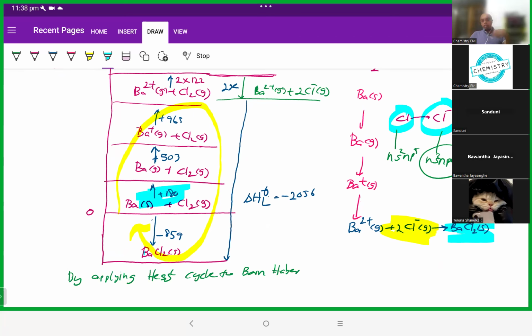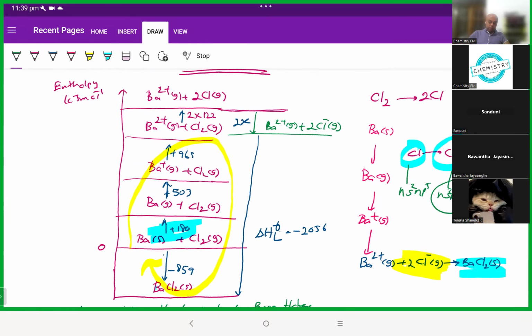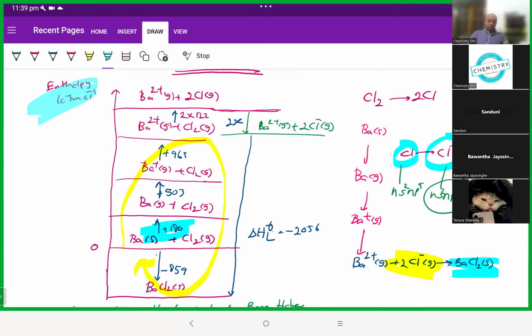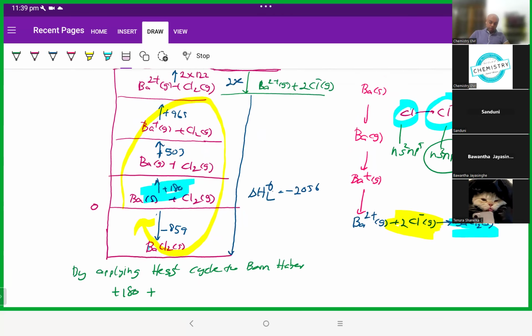The arrow is in the same direction that we are moving, right? So it should be plus 180 kilojoules per mole. I have mentioned the units in the graph itself, right? So no need to worry about the units. Then plus 503, plus 965, plus 2 into 122.